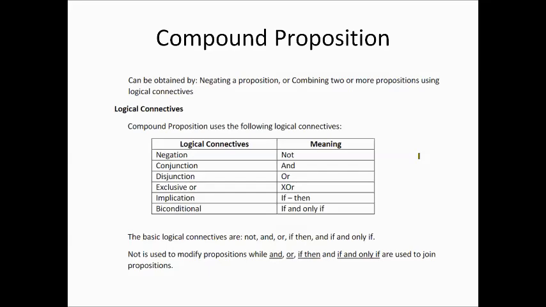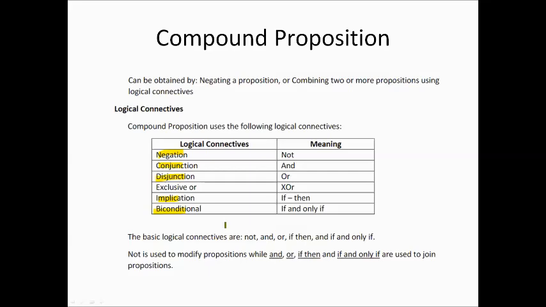We have the negation, the conjunction, the disjunction, the exclusive or, the implication, and the biconditional. The basic logical connectives are the negation, conjunction, disjunction, implication, and biconditional. Again, these are the basic logical connectives.